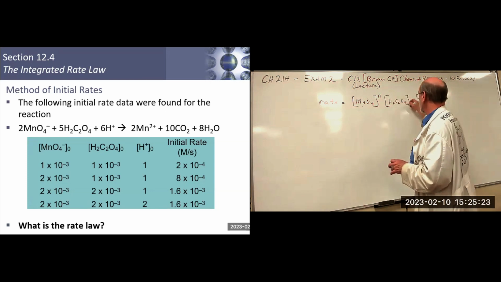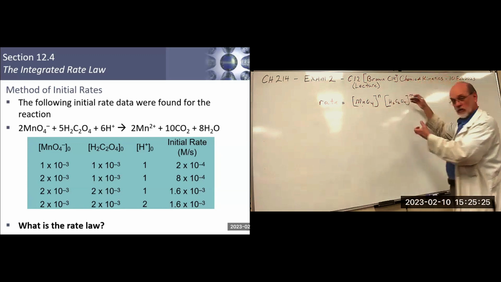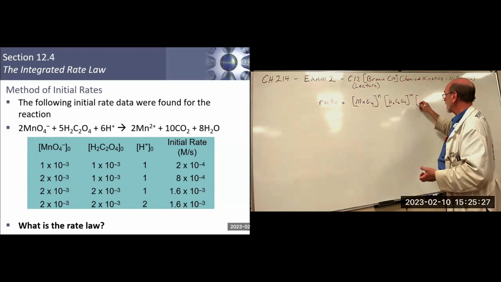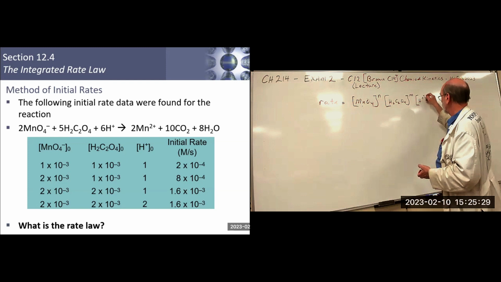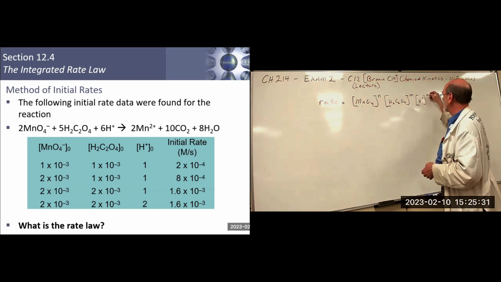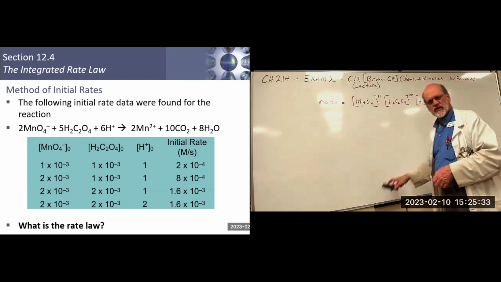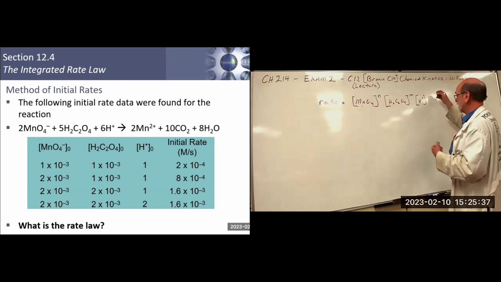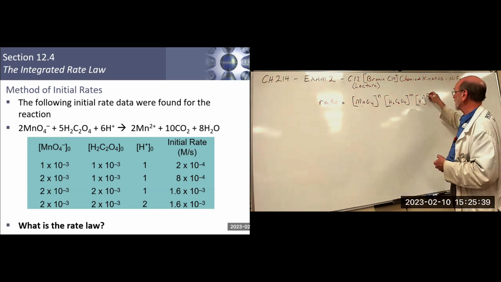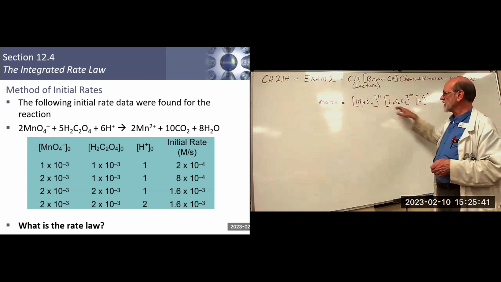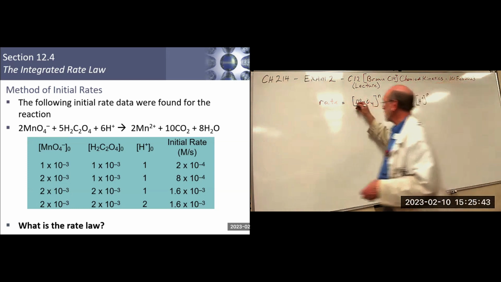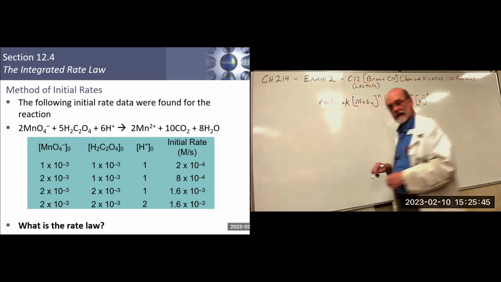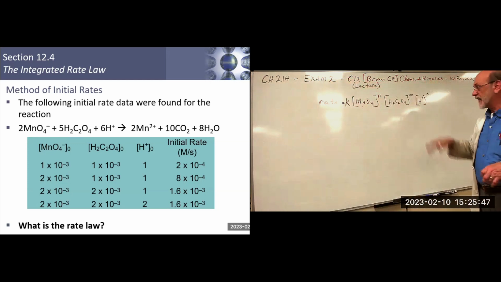Yes. And this one is to some other order, some power. And then we have this one to Mn. I hesitate to use O because it looks like that's an actual order value. Let's make it P. So each one of these has its own order, and then we have a K value for the whole thing. That's the rate law.